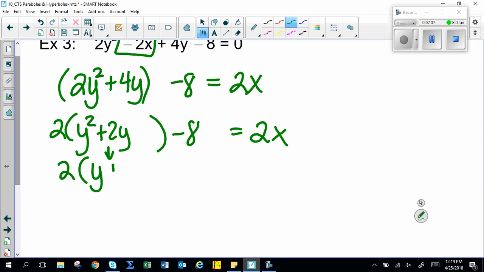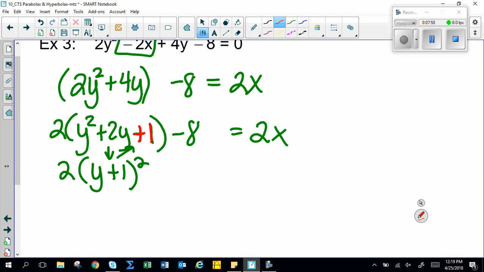Half of positive 2 is positive 1, and positive 1 squared is positive 1. Now there's two ways that I can balance the equation. How much did I just add on the left-hand side? I just added 2 times 1. I just added 2 to the left-hand side.